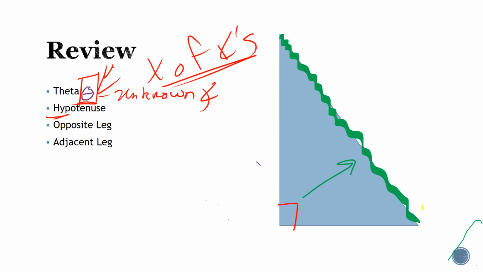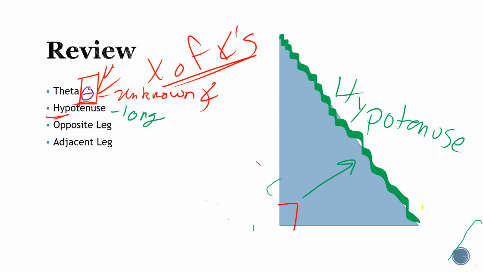Wee, squiggly line. It is the hypotenuse. So it is directly across from the 90 degrees, and it is also the longest side. The longest has an N. It's the longest side, and it's opposite the right angle.